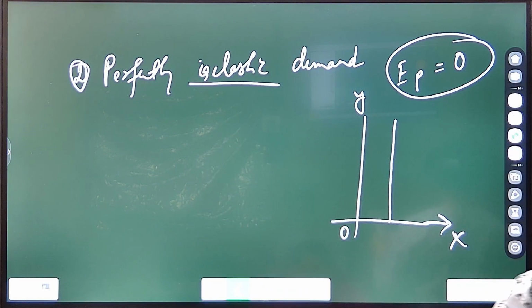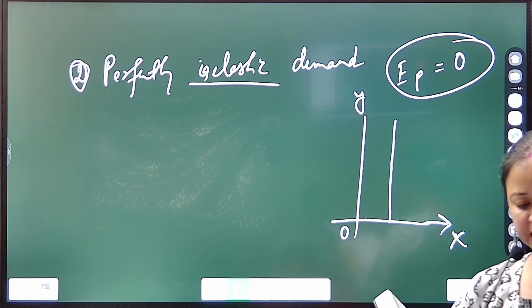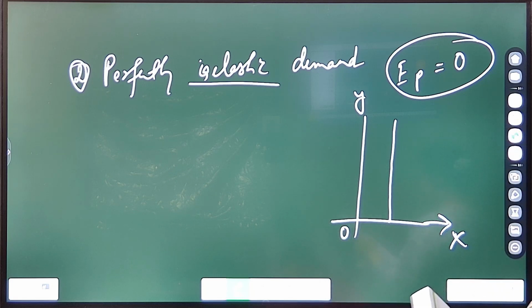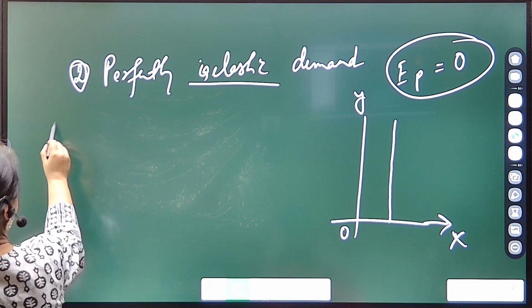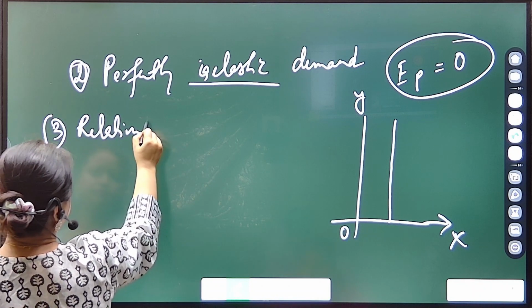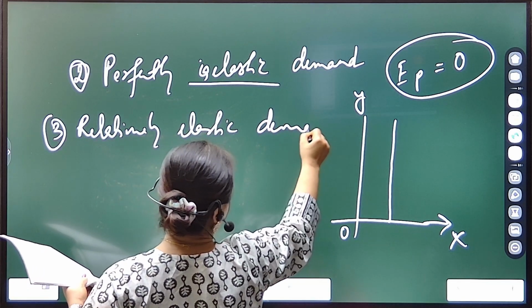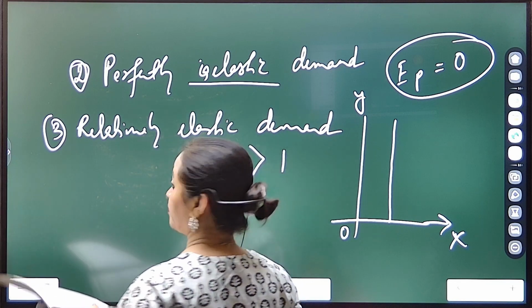Now next one is relatively elastic demand. If the proportionate change in demand is more than the proportionate change in price. So EP is greater than 1.